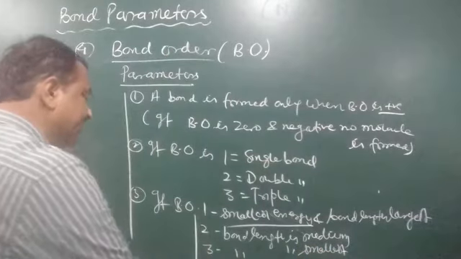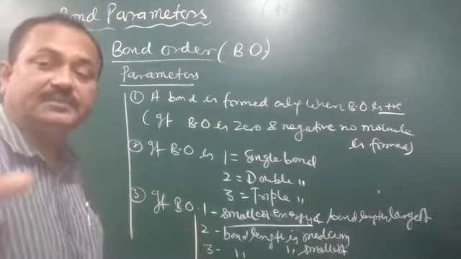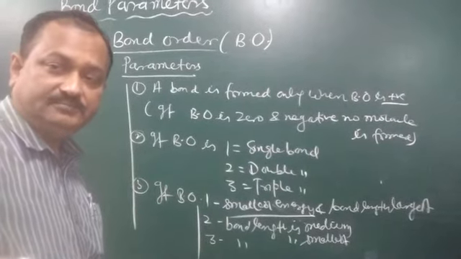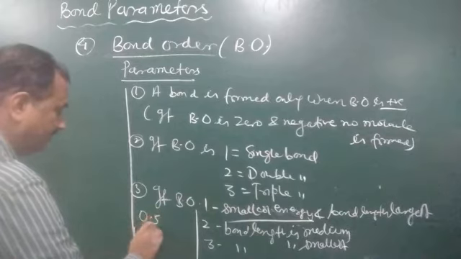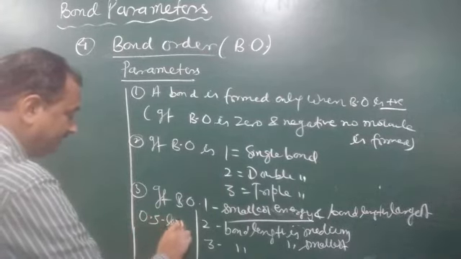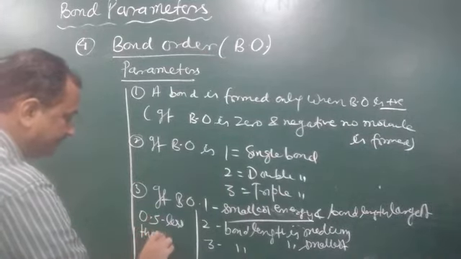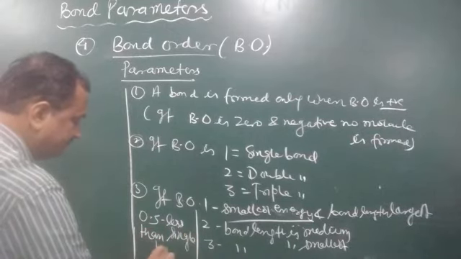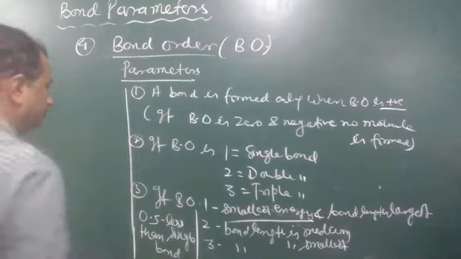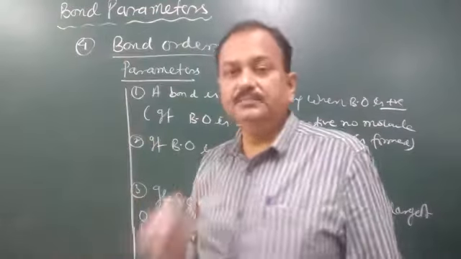In some cases, bond order can be 0.5, which will be less than a single bond. This is one point.